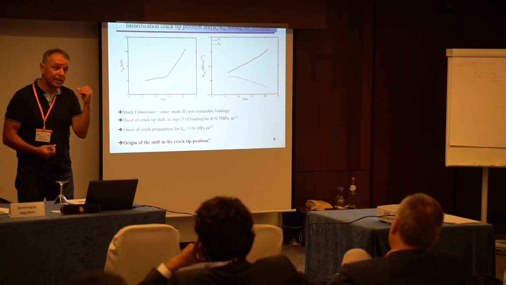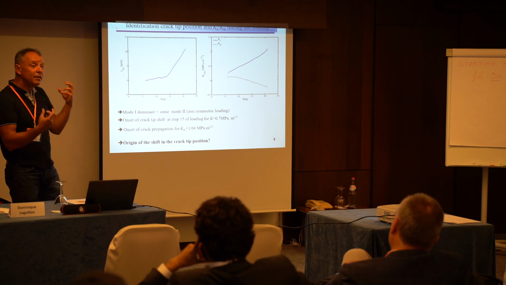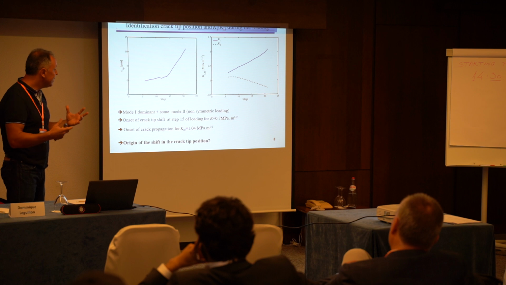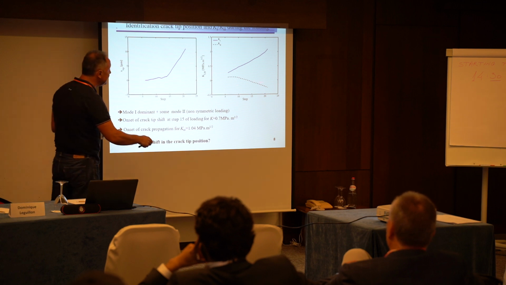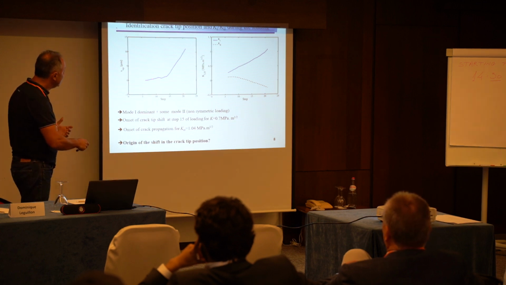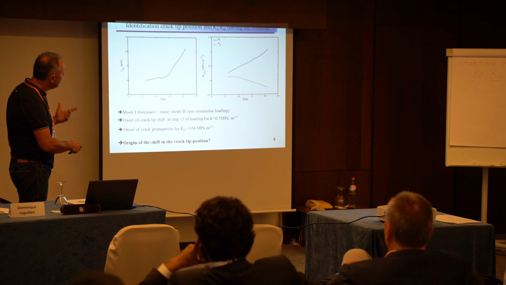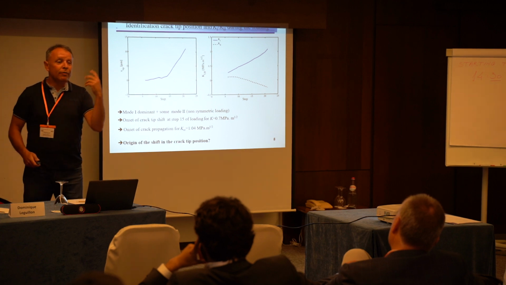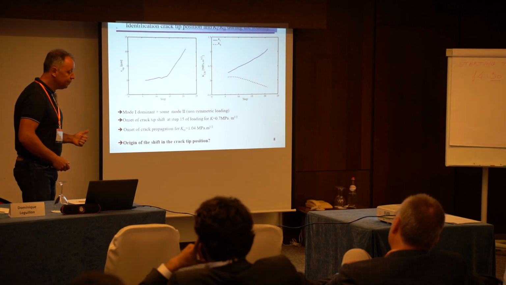So what is the message here? The message is that even a test that looks like pure mode 1, realistically or in real life, can be slightly different. And you can address this. What is reported here is the position of the crack tip, and we have shown with Julien Rotoré that this provides information about the development of a process zone.